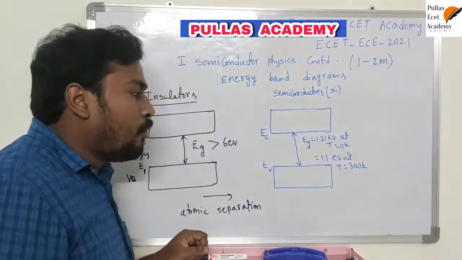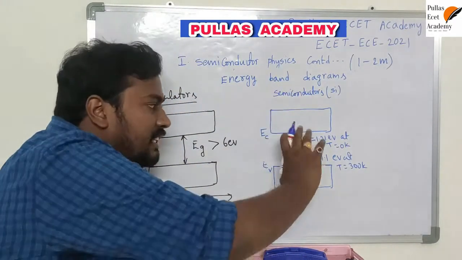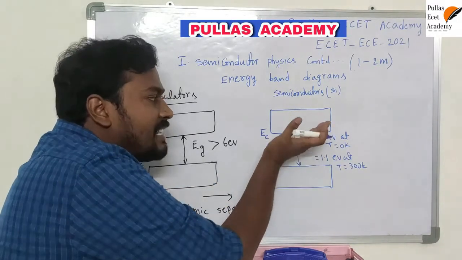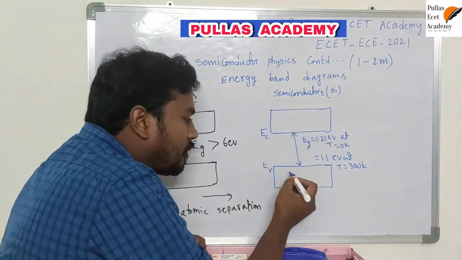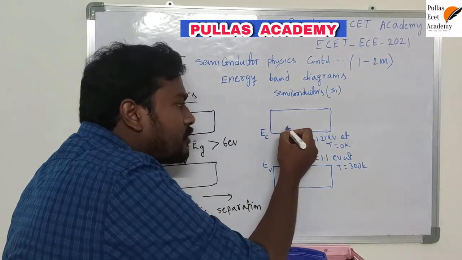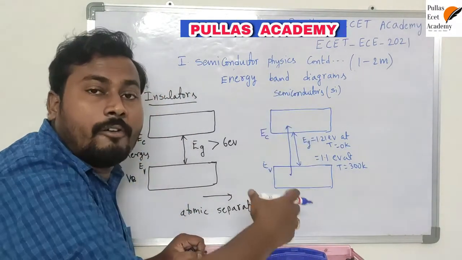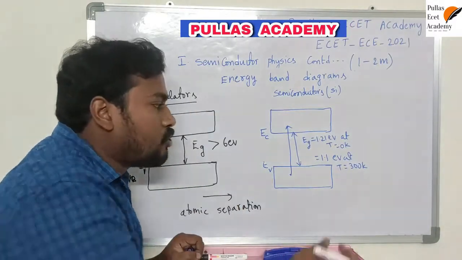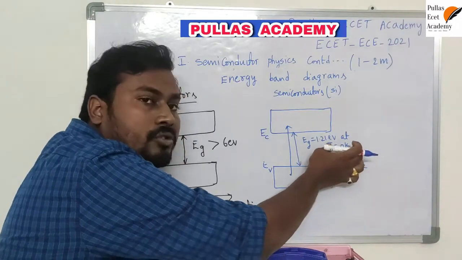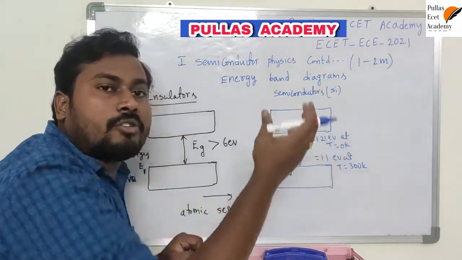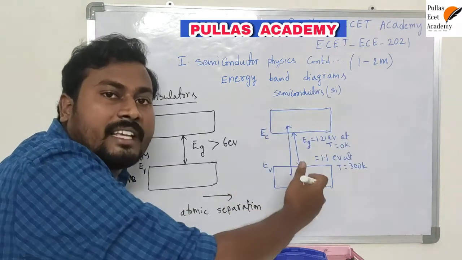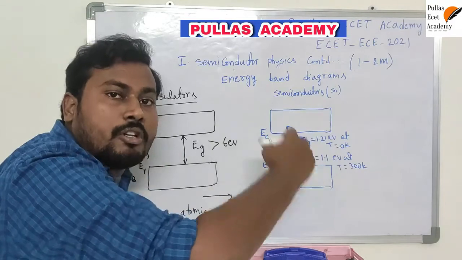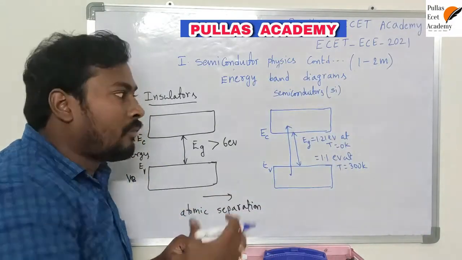Which means that when you are increasing the temperature, this energy gap is reducing, thereby electrons are moving from valency band to the conduction band. This is how semiconductors are able to conduct electricity at room temperature. They will not be able to conduct electricity at T equal to 0 Kelvin. Here we are providing thermal energy, so thereby semiconductors are in a position to conduct electricity.